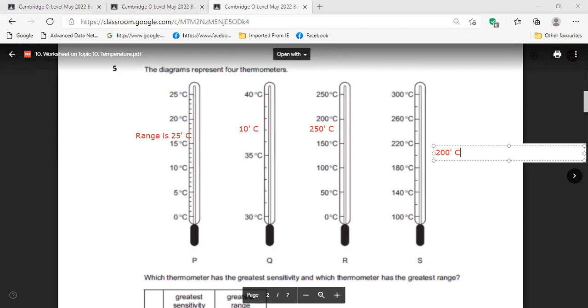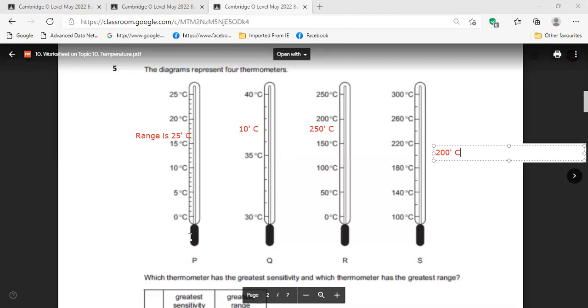Why is it most sensitive? Because look, for 1 degree Celsius temperature rise, for this one P, the liquid level is rising only a little bit, right?